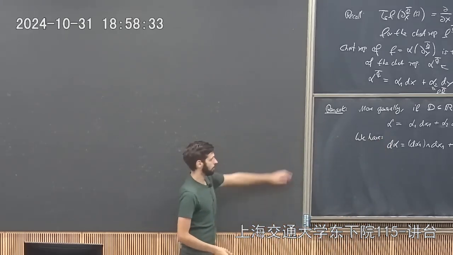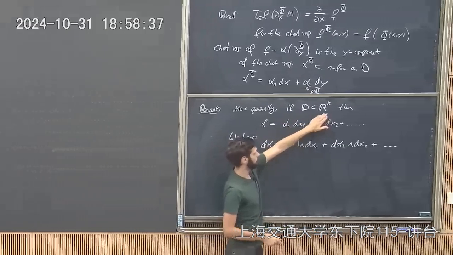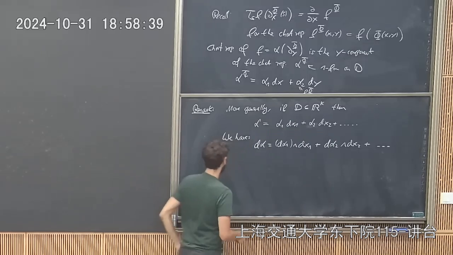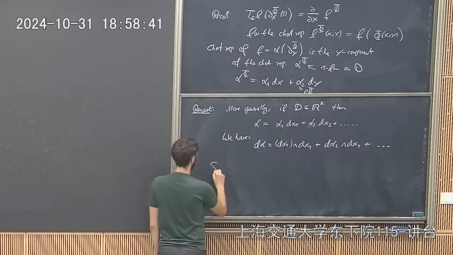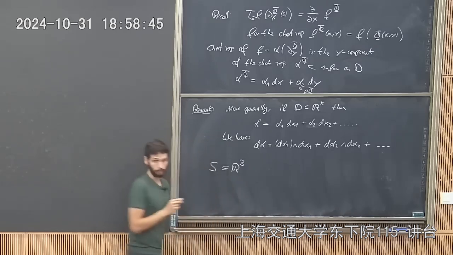And the reason why we talk about this case with some subset, or like for R^k, is because usually our surfaces live in R^3.